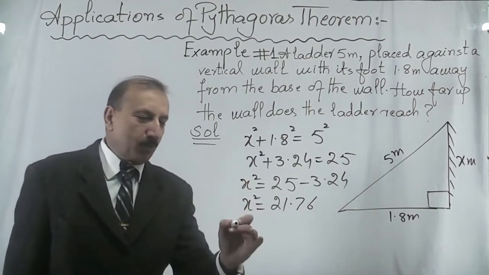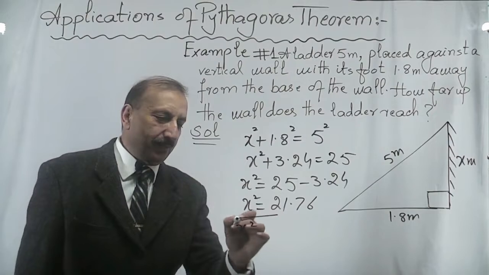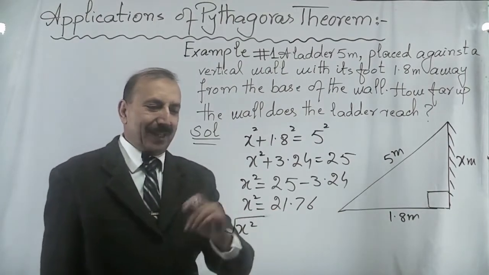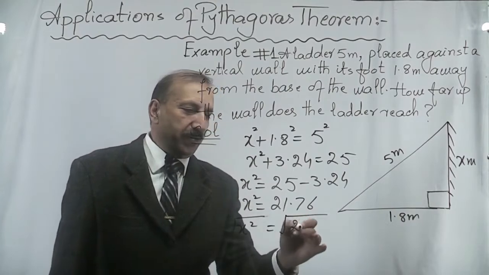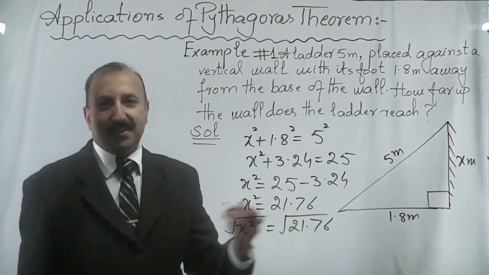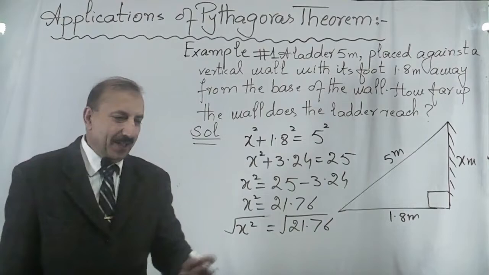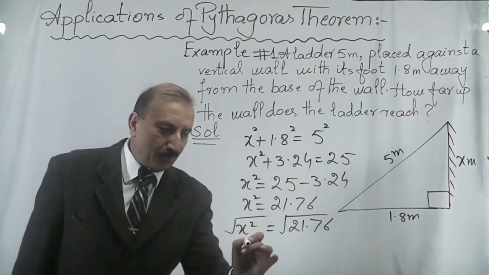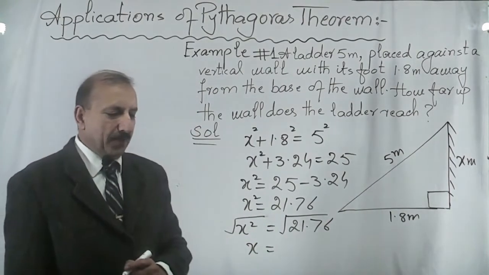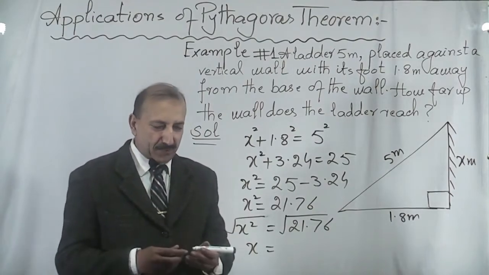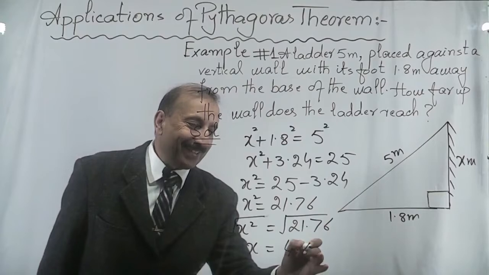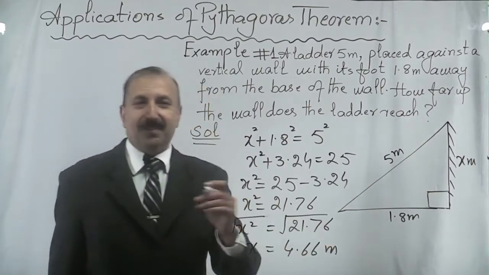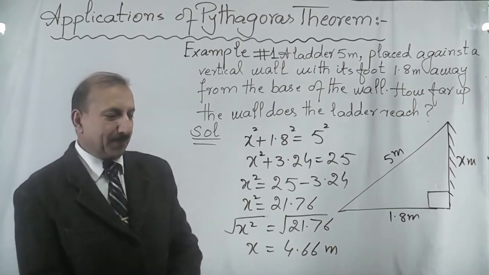Let's operate square root on both sides. This is x square and this is the square root of 21.76, and here square cancels with square root, so x is equal to the square root of 21.76, which is 4.66 meters. You will get it with the help of a calculator.